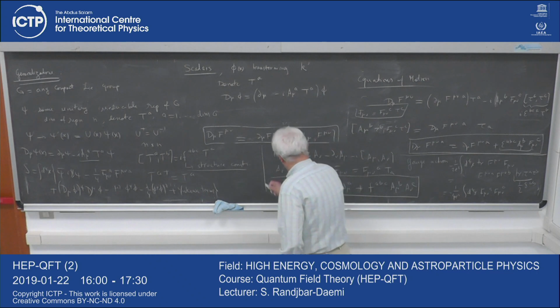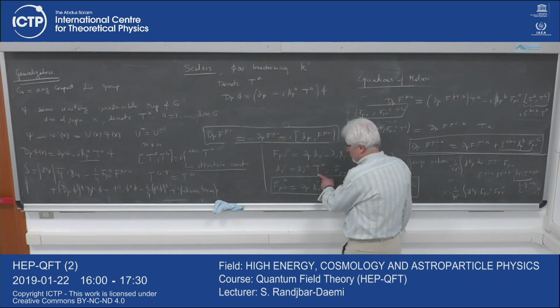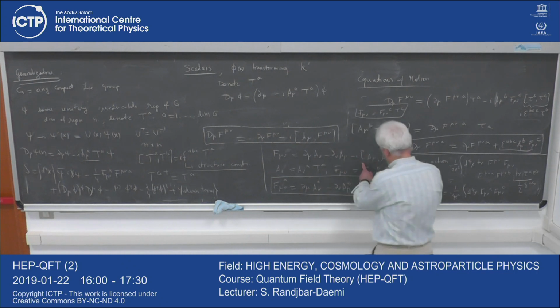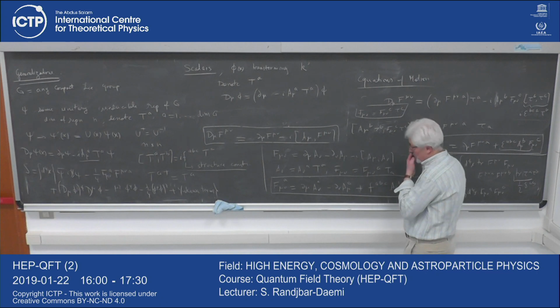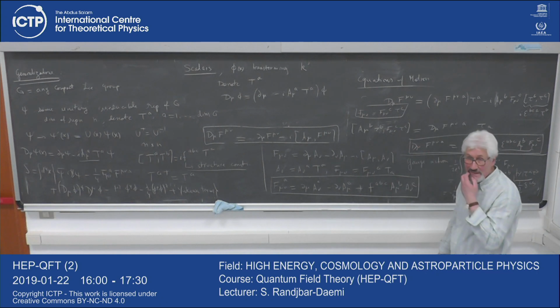Nothing will change. Whether you have tau or T here, it doesn't make any difference. The only difference comes when you come to the commutator, and then the structure constants will be different.